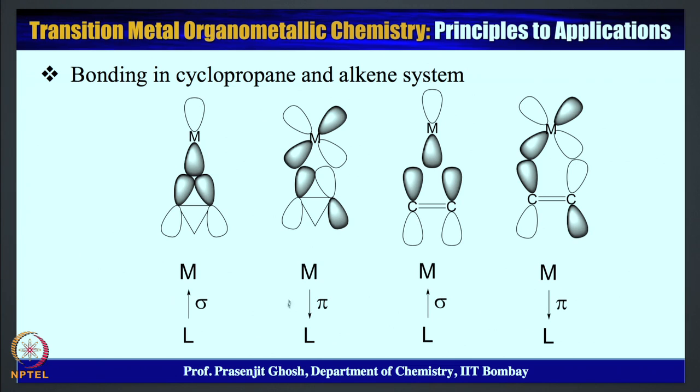Similarly, the metal to ligand pi back donation completely cleaves the C-C sigma bond of the cyclopropane, whereas in the alkene case the back donation only happens at the pi star orbital, thereby cleaving the pi orbital, and the C-C sigma orbital remains untouched. So, what we saw is that C-C bond activation reactions have two different effects if done on a strained ring like cyclopropane as opposed to that of an alkene.